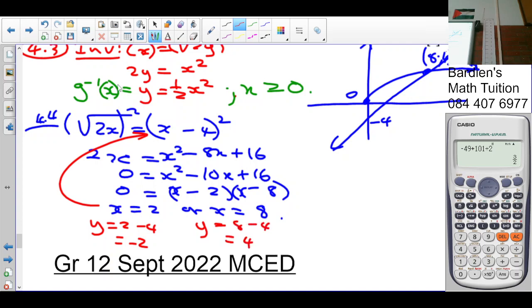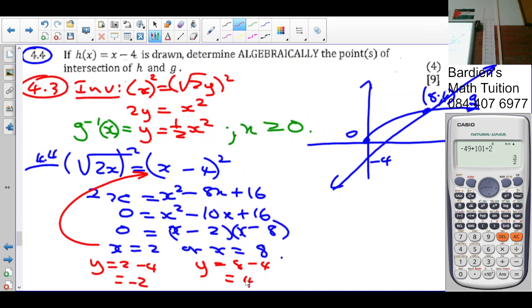Clearly, this point here is this point here, not so. So that's the one point of intersection. But you see, this part of the graph is not drawn. You see that? X is 2 and y is minus 2. Can you see that is not on the graph? So in other words, I had to omit that part. Can you see that? Okay?